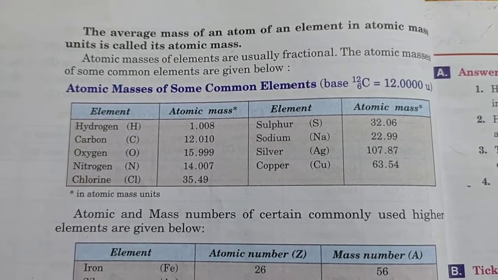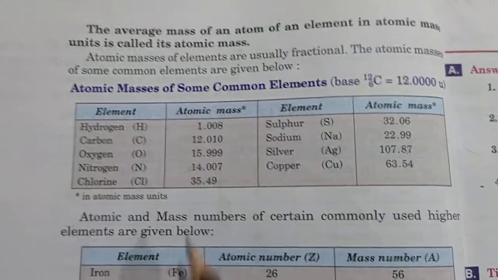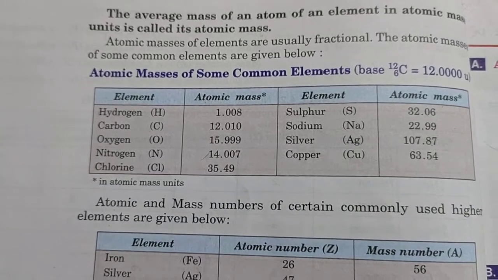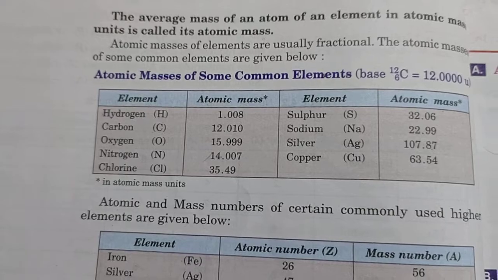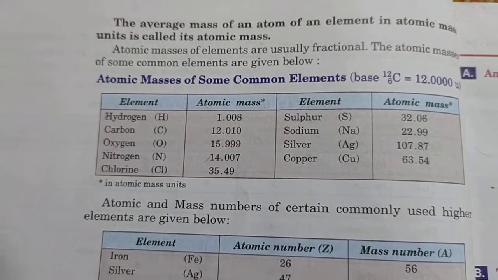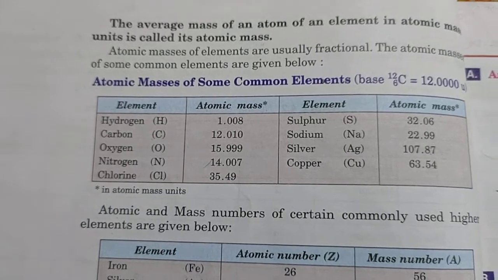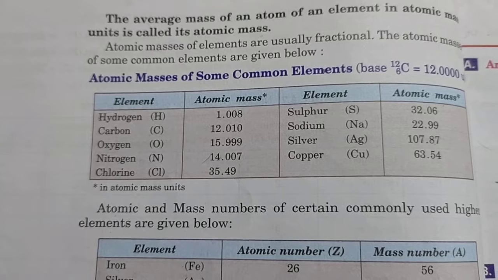You can see that atomic mass is present in decimals, it is a fractional value. So if a question comes where the mass is in fraction, you will say it is atomic mass. Okay. So this is all about atomic mass, mass number and atomic number.